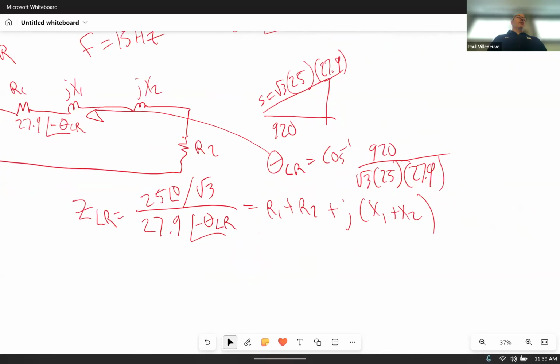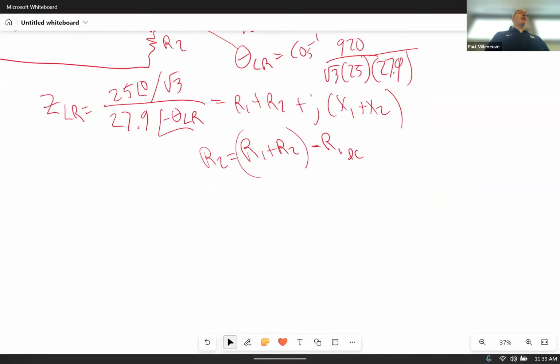So now you have X1 plus X2, X1 plus XM, R1, and R1 plus R2. So at this point, you can solve for R1, pulling it out there.